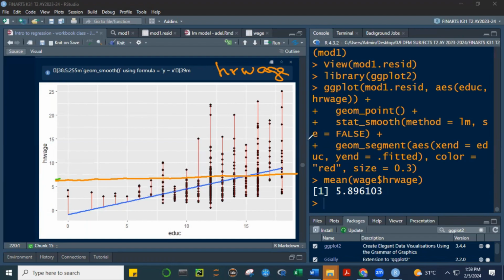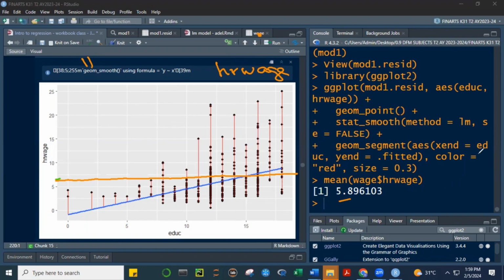Okay. So, what do you have here, class? Going back to our question: if education was 11, what will be the average hourly wage? 5.89, or 5.9 na lang.